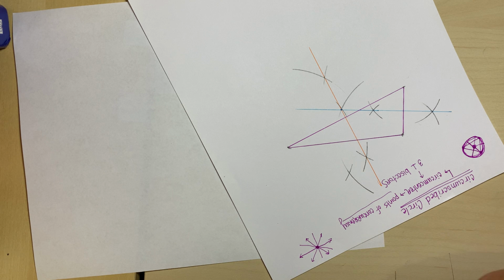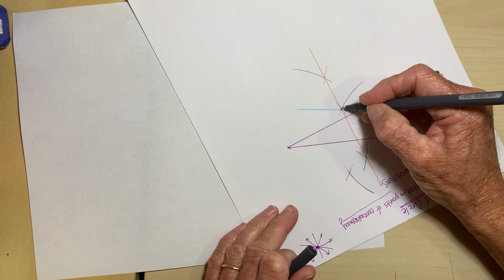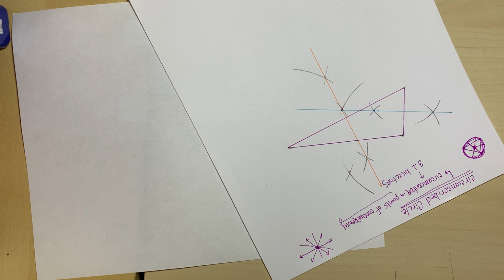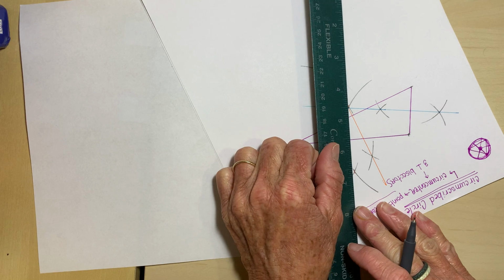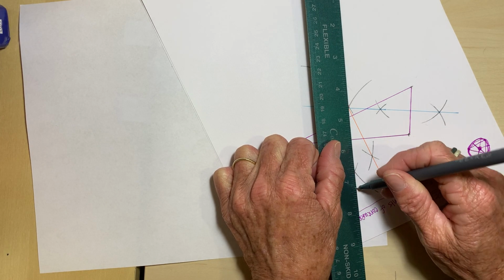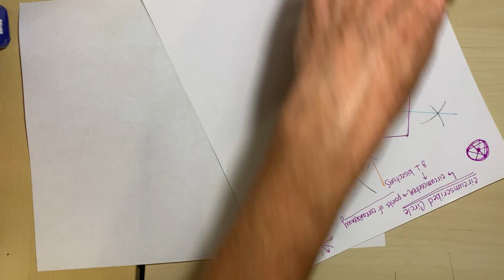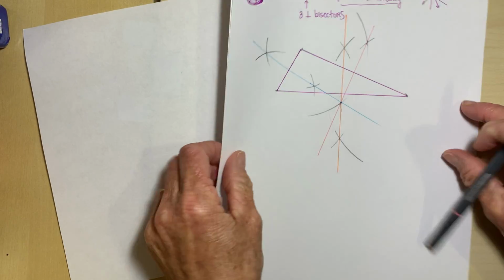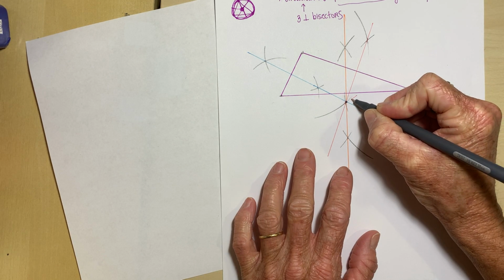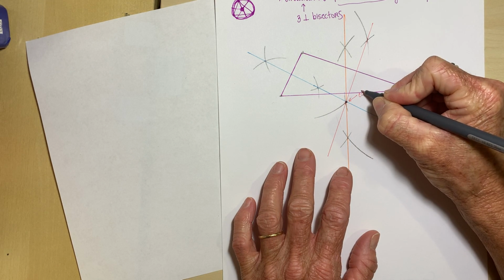All right, and then our final perpendicular bisector, we're gonna swing it through these 2 points right here. And you can already see that it's gonna pass right through the point that we had a moment ago. So they were concurrent. They all intersected at the same point. And this point right here is the circumcenter.